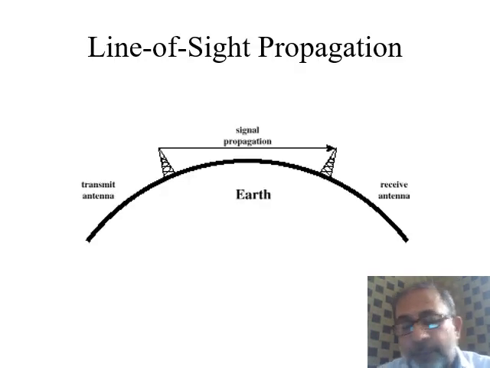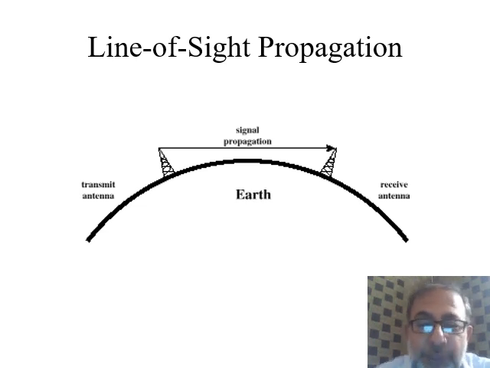The third type of propagation is line of sight propagation, in which there is a direct line of sight between the transmitter and the receiver, the transmitting antenna and the receiving antenna. In this interesting diagram, you can see that the earth bulge can also hamper this type of propagation if the distance between the two antennas is increased quite far.